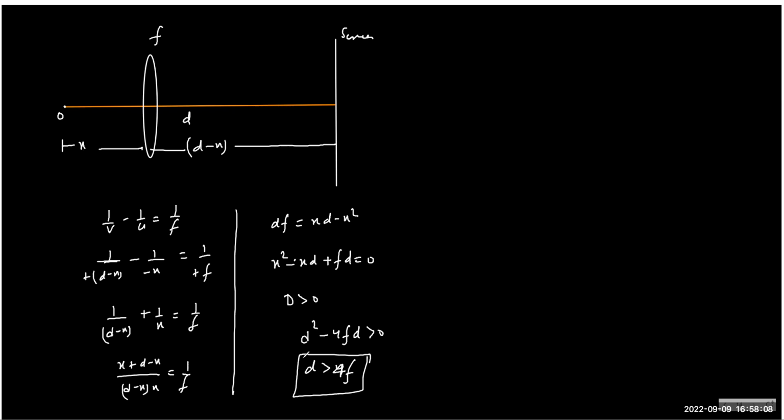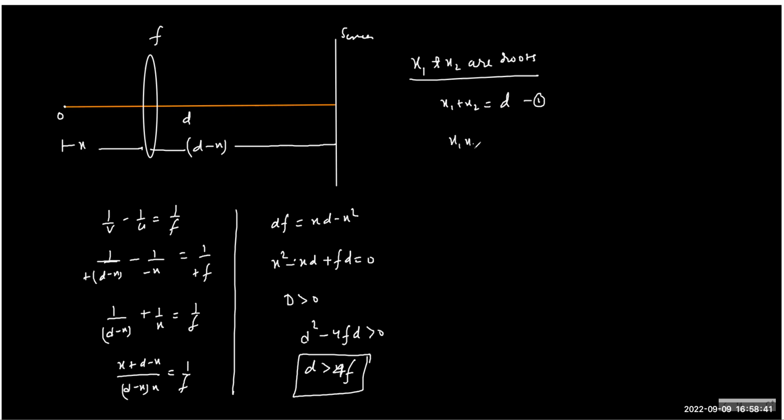Now you can find x. Let's say x1 and x2 are roots. Then the sum of the roots is how much? Minus b by a, which is exactly the u plus v equals d formula, right?